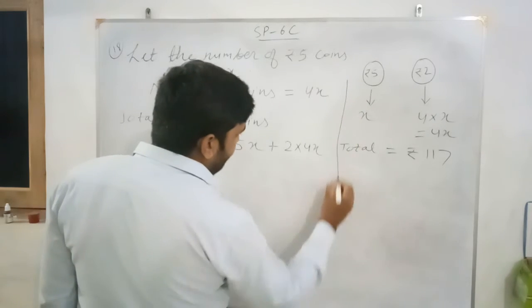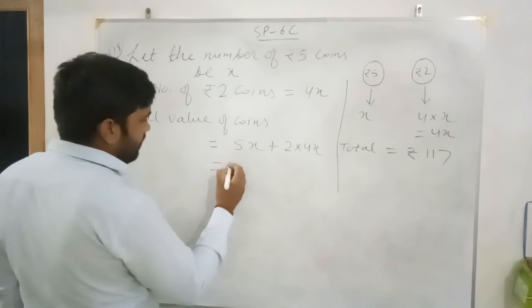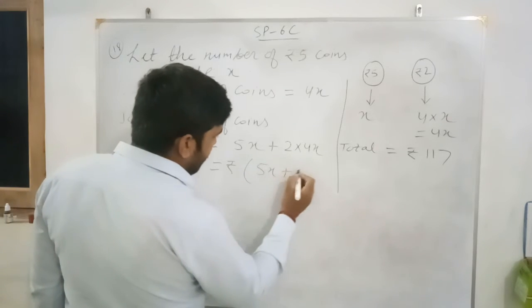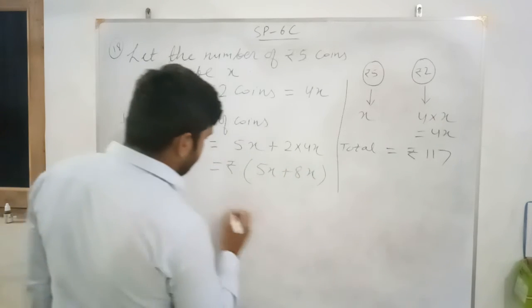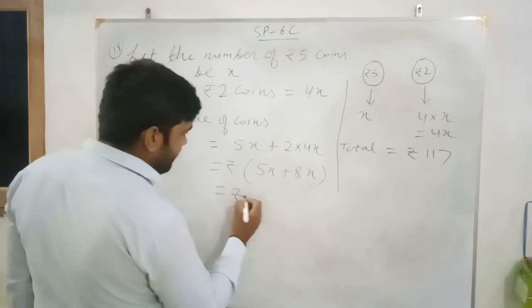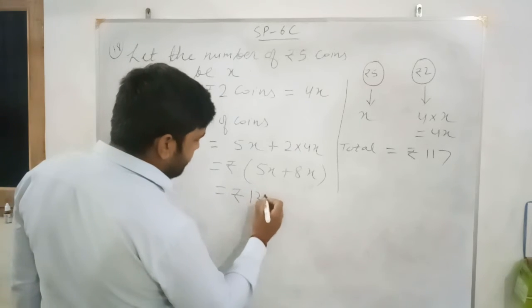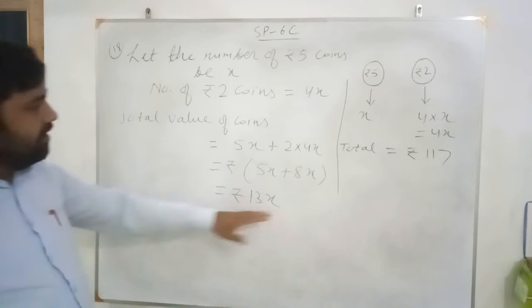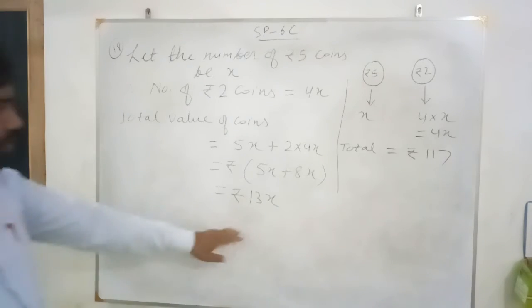So the total value is rupees 5x plus 8x, that is 13x. So the total value of the coins is rupees 13x, and the total is also given.